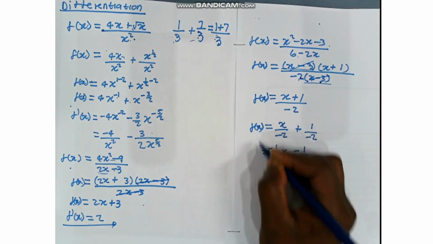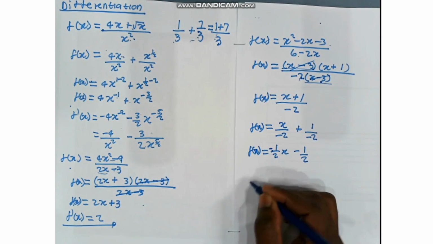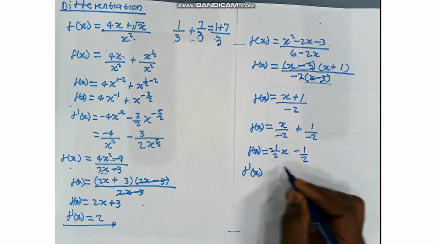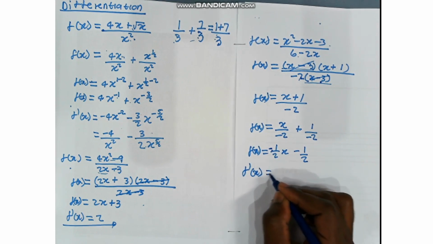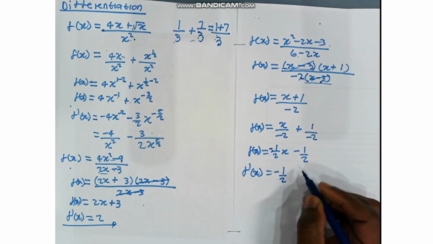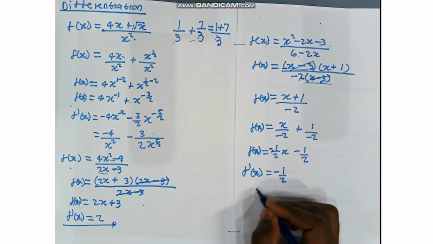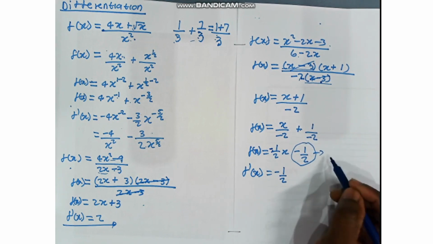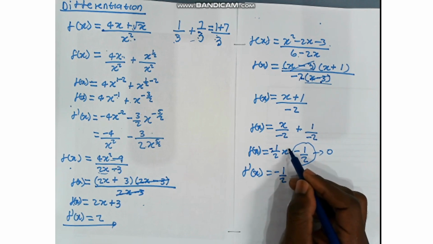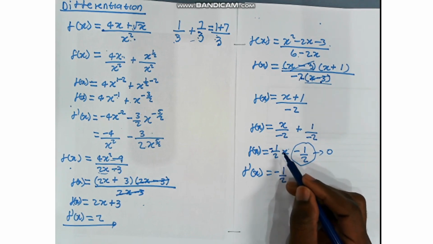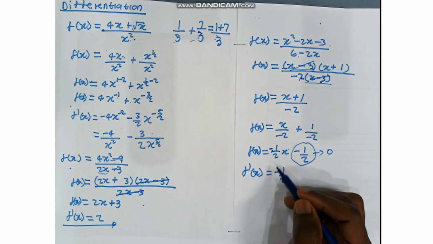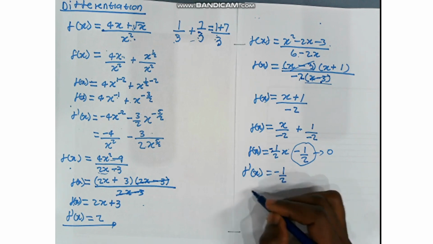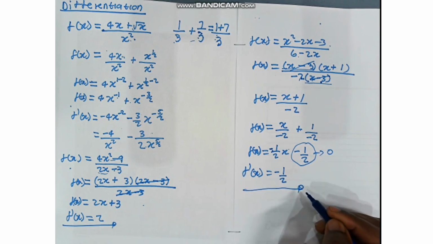Then from here we can derive, which is f prime of x, which is just negative 1 over 2, because this is a constant. The derivative here is 0, so we're just left with this one times this, which is negative 1 over 2, and then 1 minus 1 is just 0. Anything raised to 0 is just 1. So this is our derivation.